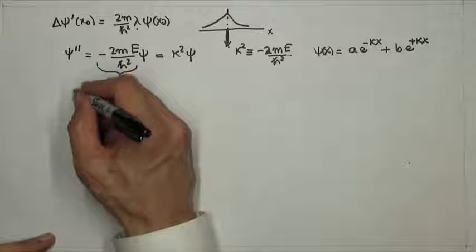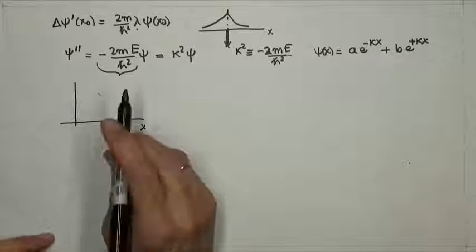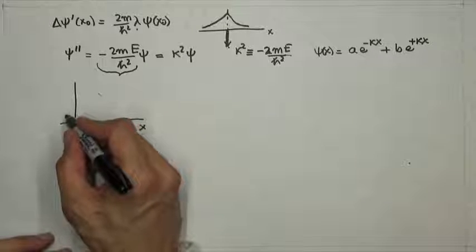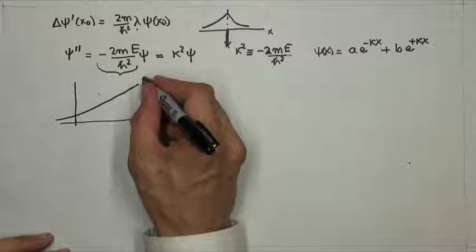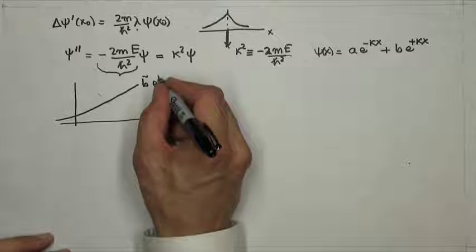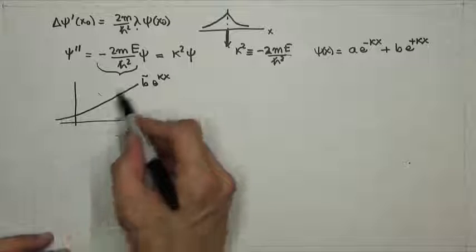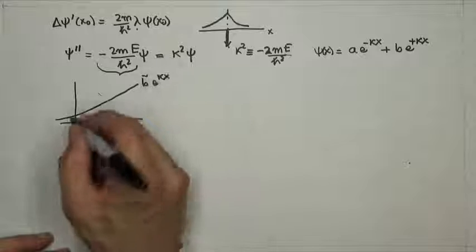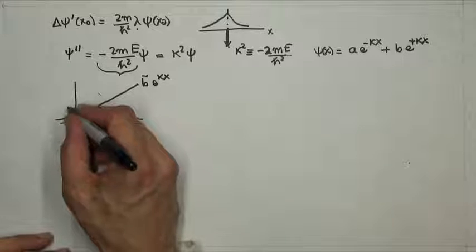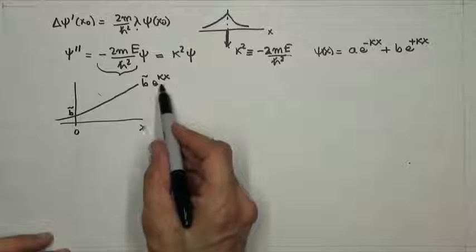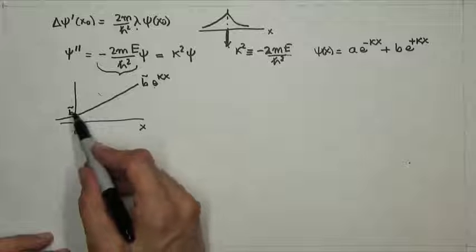And this is not too difficult to understand. Suppose I have a term, and here I'm going to plot something. Here is x, and I'll have a term with a growing exponential, I'll call it B tilde e to the kappa x. It grows forever. B tilde is positive, and in fact, it's the value here, because when x is equal to 0, this is 1, and this function becomes B tilde.